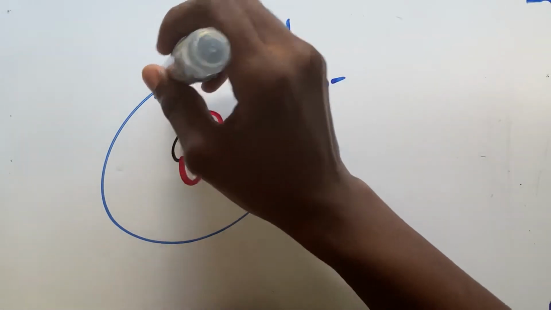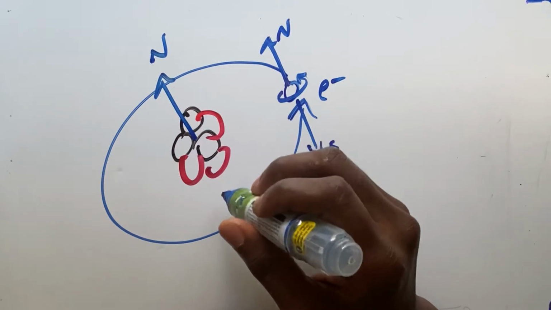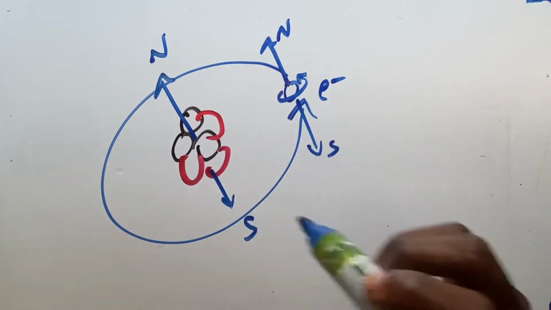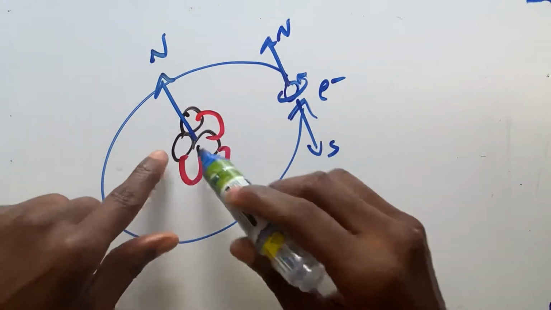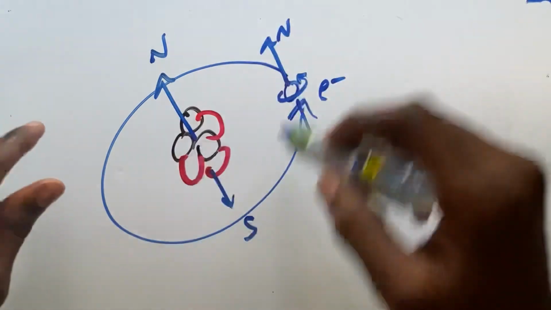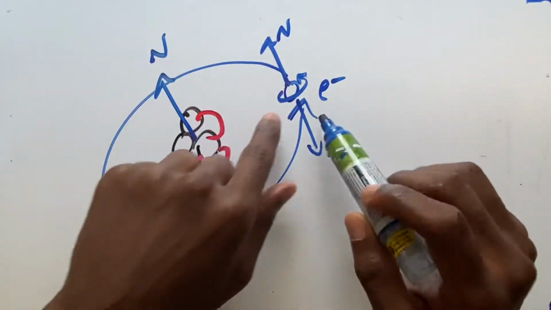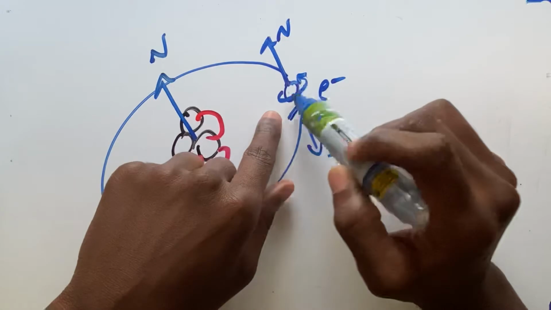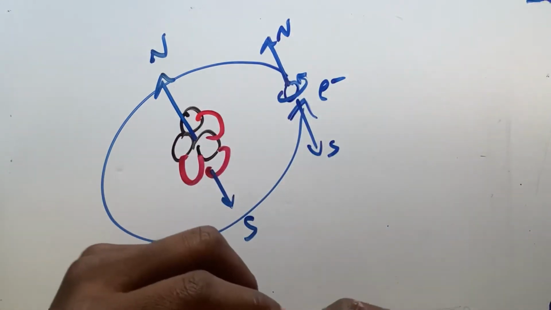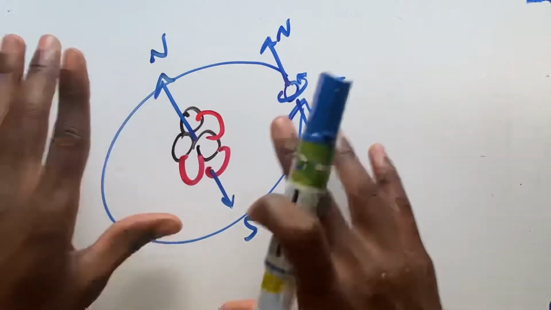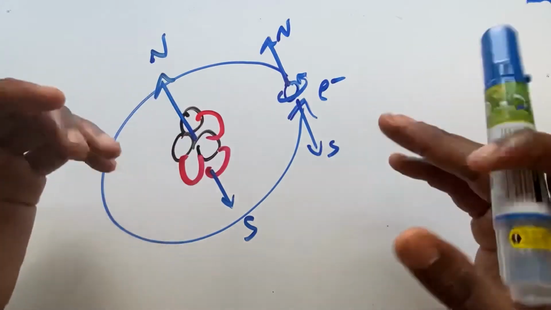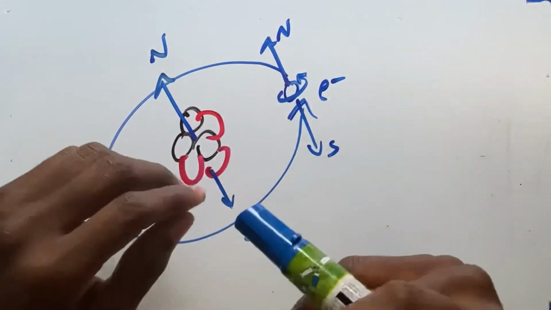And another north and south pole. Where this one here is basically caused by the electron going around that center, and this one here is from the electron spinning on its own. So that basically is what causes the magnetic fields inside of objects.